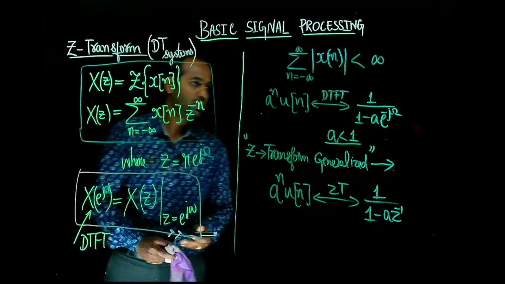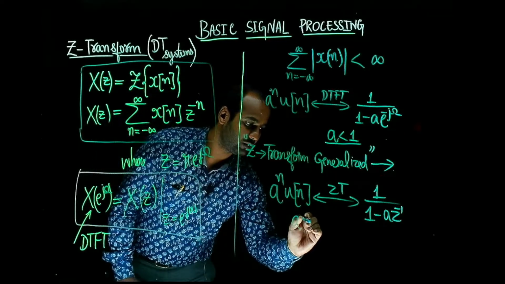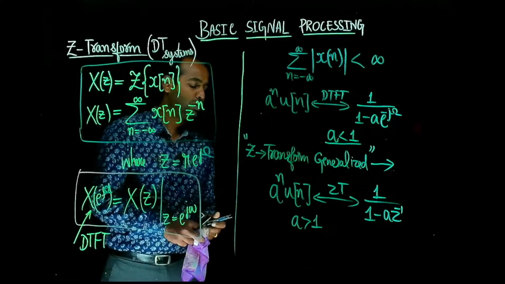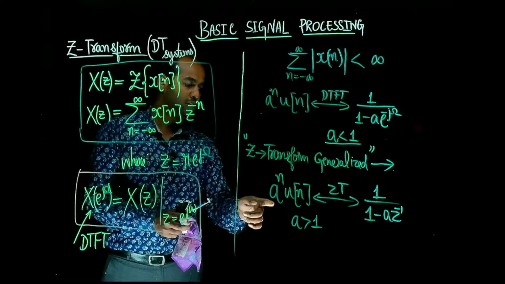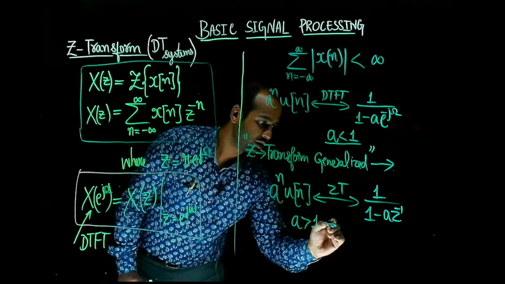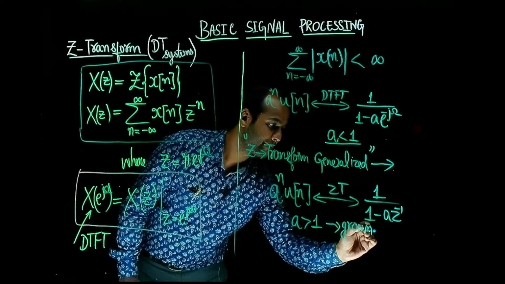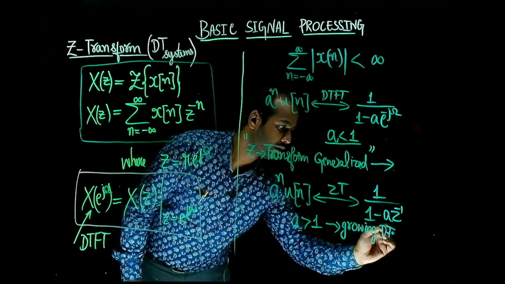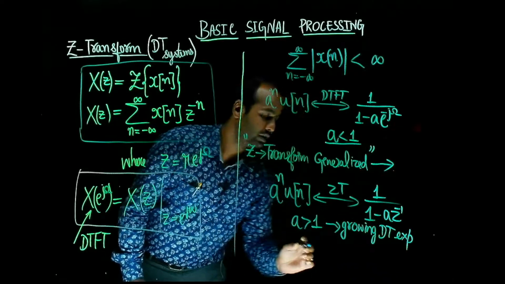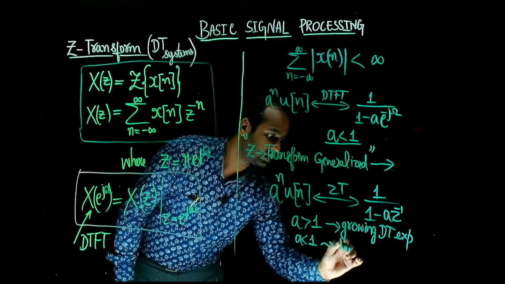There is no restriction on the value of a. Sequence can have a value greater than 1. If a is greater than 1, we know that it is going to be an exponentially growing discrete time signal. And when a is smaller than 1, it is a decaying exponential signal.